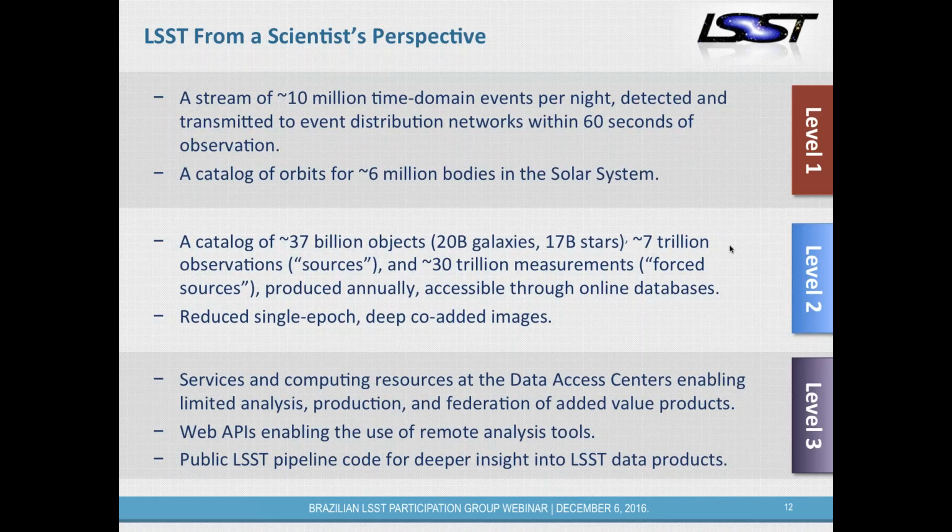I'll expand a little bit more about that in the slides to follow, but essentially the idea of level 1 data products is to quickly find and alert the community to anything that's changed in the sky, so that if there's a particularly interesting event going on up there, we know about it within about a minute, and we can point large follow-up facilities to it.